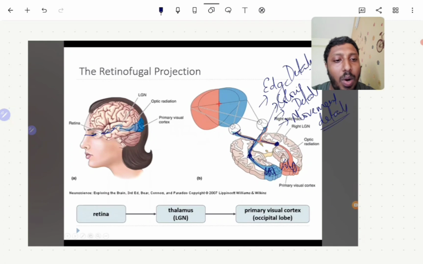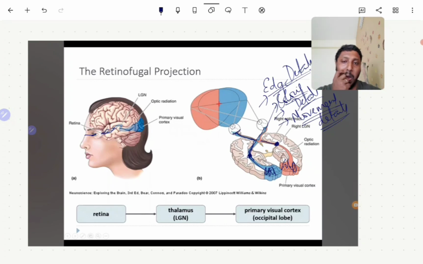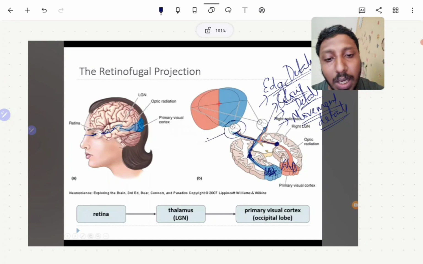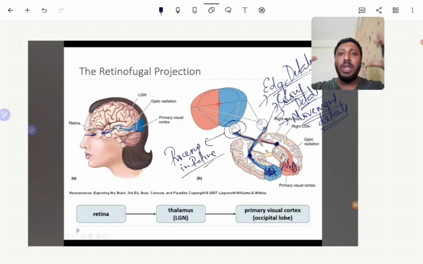All the processing is here in the retina, but the accuracy, the textures and all that we told, adding in the details, that is done in the cortex. We'll deal with that later. So now we have to learn processing in the retina. How are these 100 million light sensitive cells creating vision?